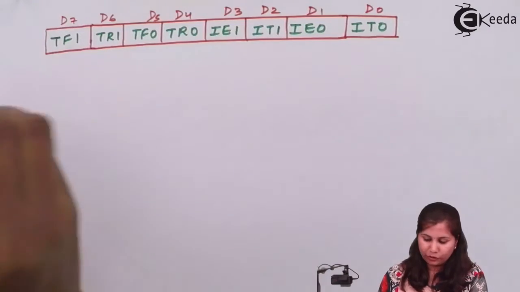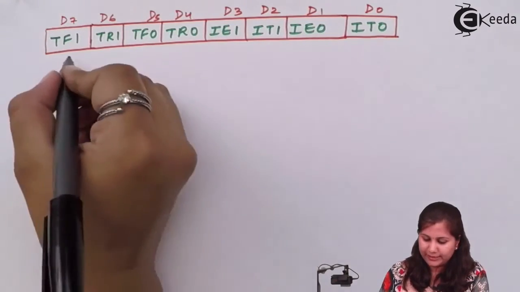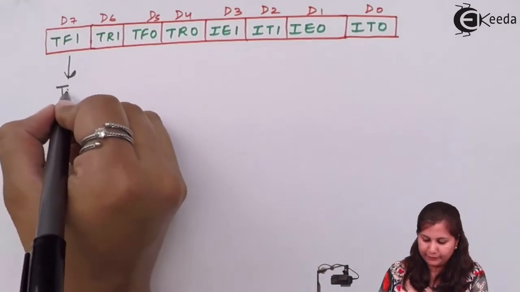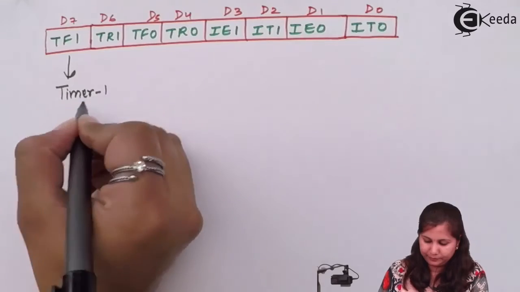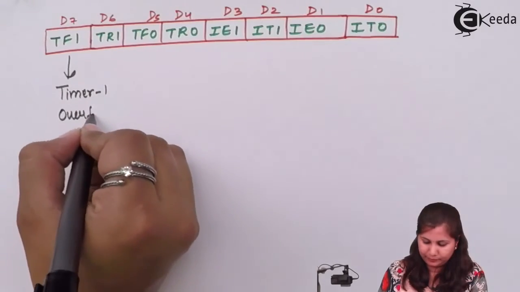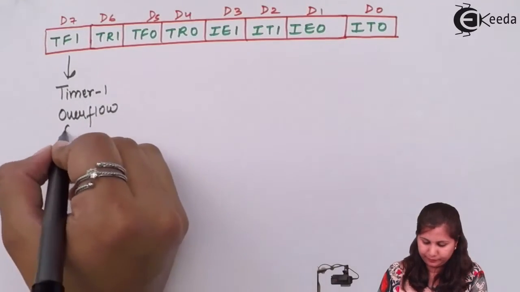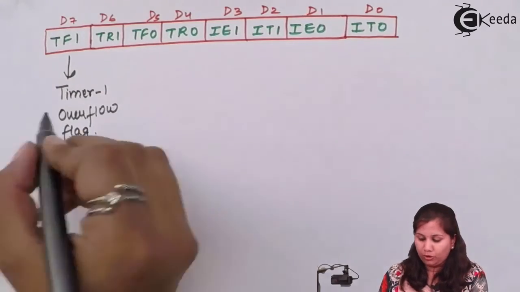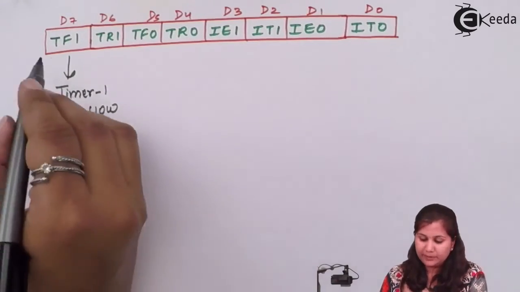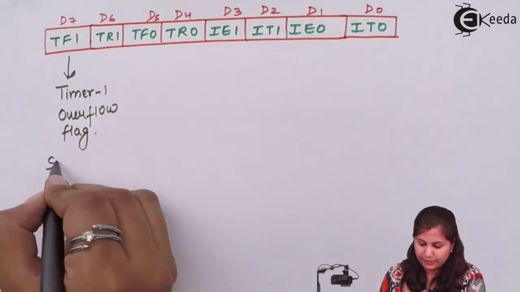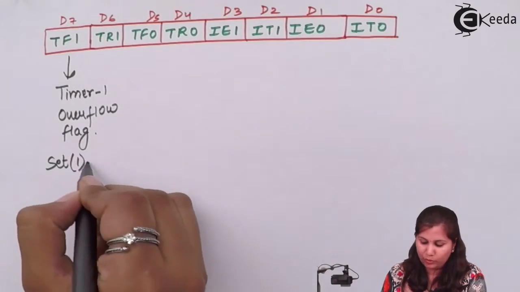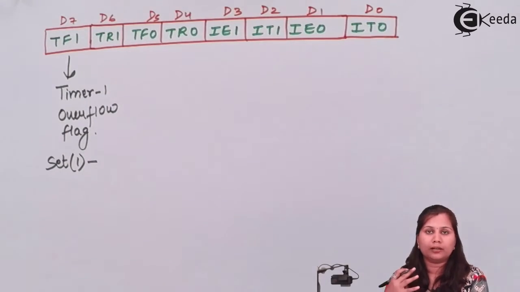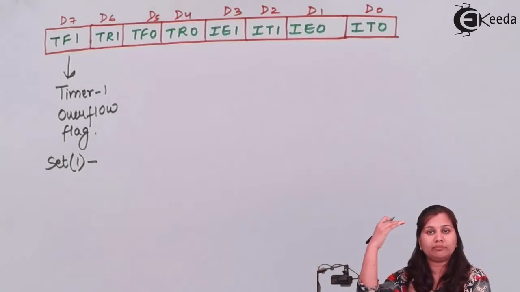The D7 bit is TF1, that is the timer 1 overflow flag. This bit is set, meaning its value is made 1, whenever the counter is incremented from 0000 to 1111.